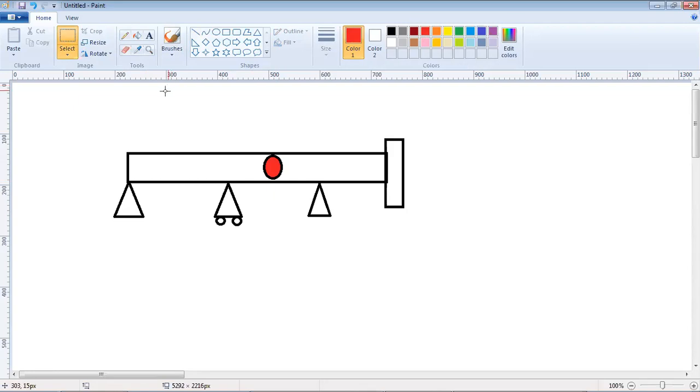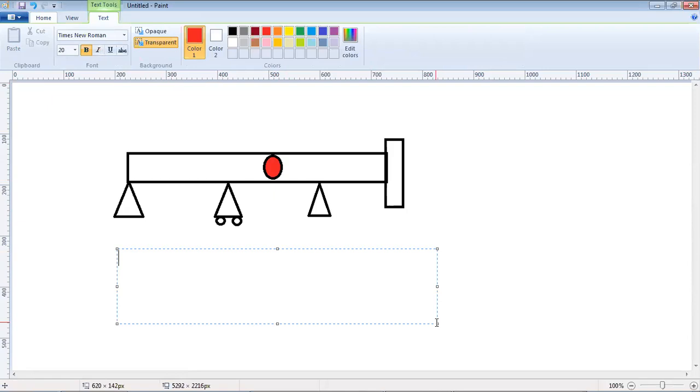Now, how do we resolve this for static indeterminacy? We already know the formula from the previous lecture.